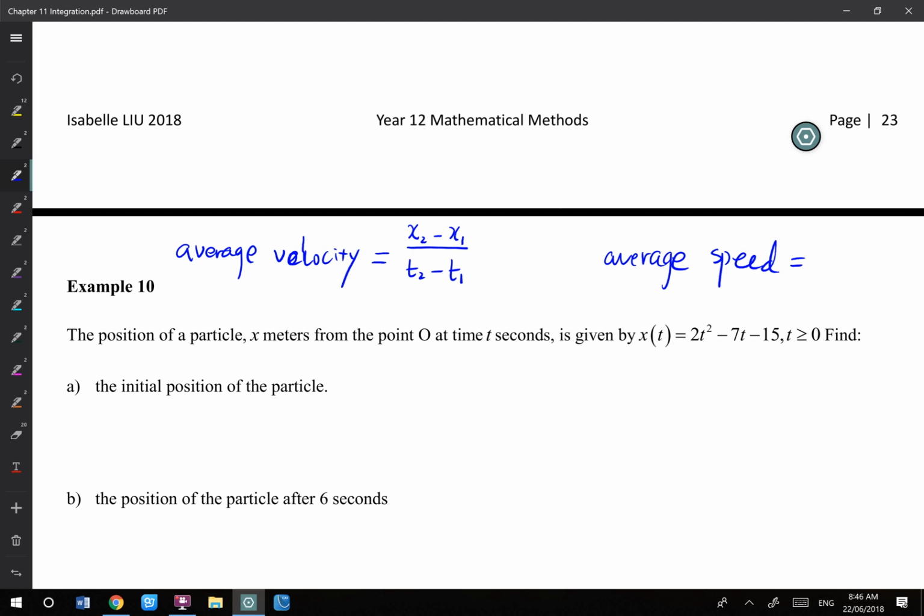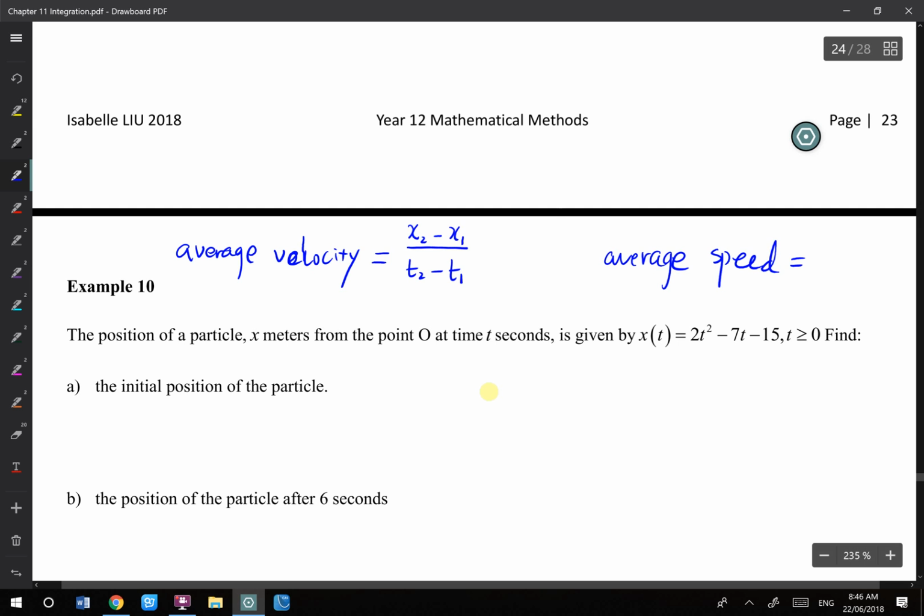So for example, at time t equals 1, I'm at a position of 1. And when t equals 6, my x2 at that time equals, say, 11.